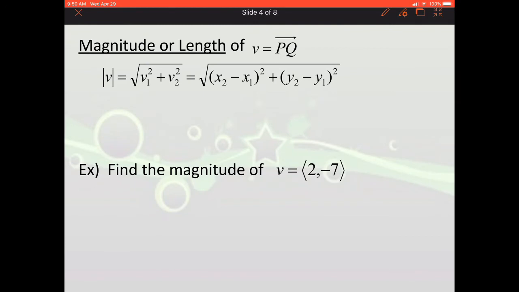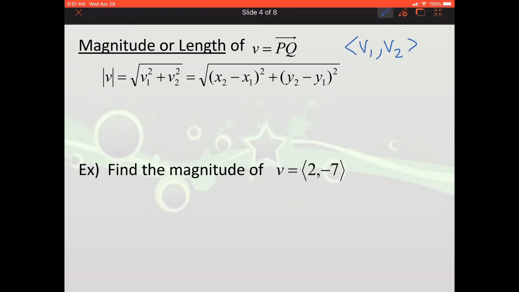I said that when we find the length or magnitude of a directed line segment, we would use the distance formula. But if the directed line segment is instead written as a vector in component form, well, then I don't have two points, except I do, because my initial point is (0, 0) and the terminal point is (v1, v2).